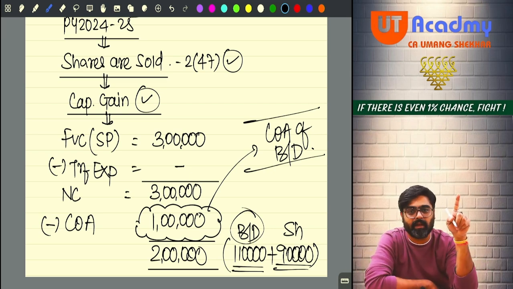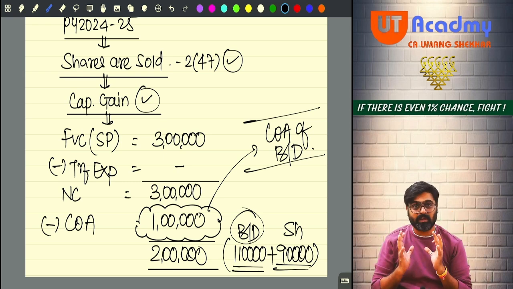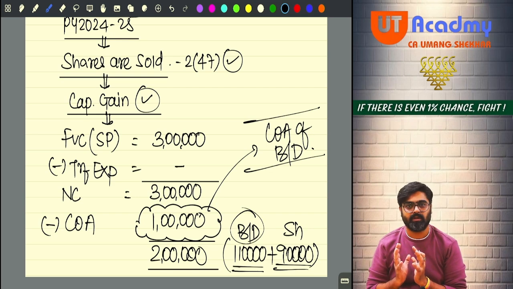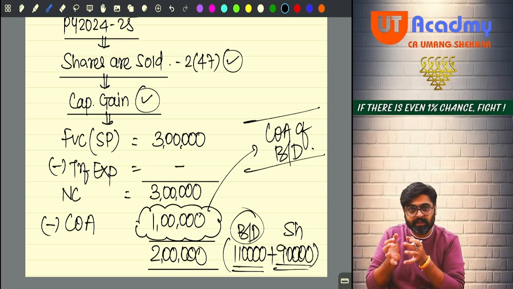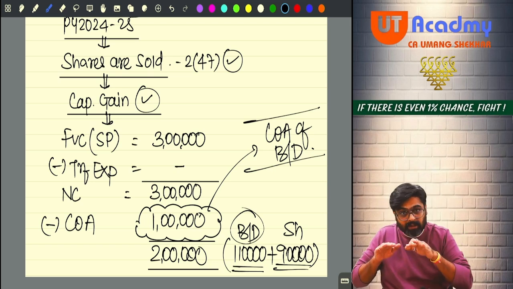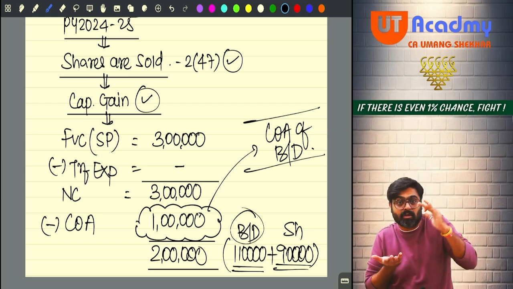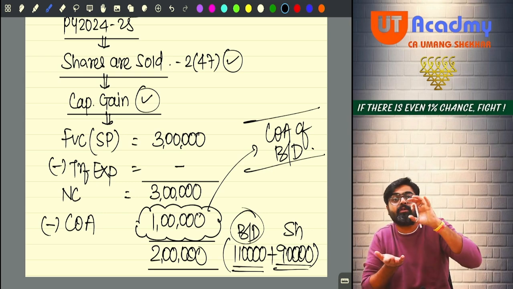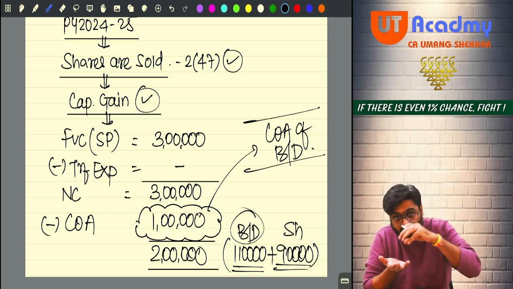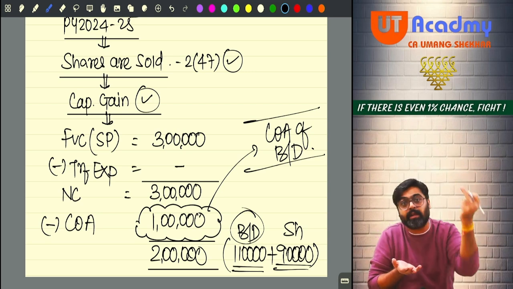Whenever you calculate the capital gain for such type of shares, which you did not buy, which you received on conversion of bonds or debentures, yes or no? So now the shares are a special type of shares. These are not acquired by you. These shares became your property, became your capital asset, on conversion of bonds or debentures. Whenever you transfer these shares in the future, the cost of these shares will be the cost of bonds or debentures which got converted into these shares.